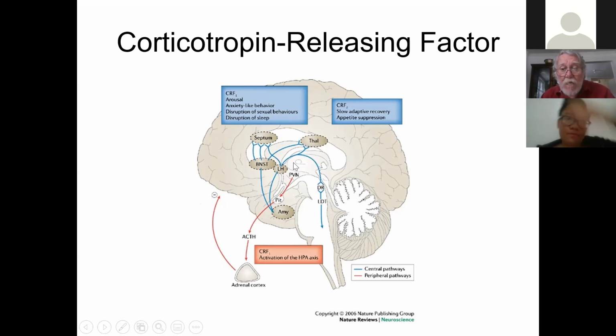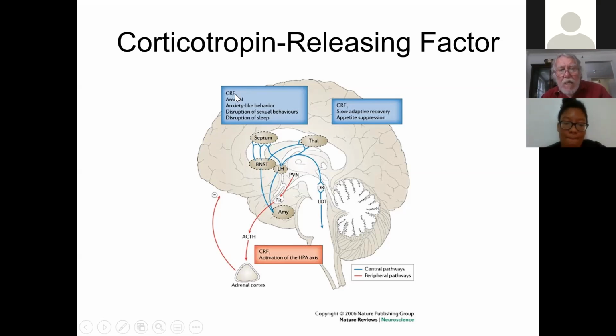But in addition, CRF is released from the more dorsal parts of the parvocellular PVN, where it will innervate the lateral hypothalamus, the amygdala, the bed nucleus of the stria terminalis, the septum, the thalamus, and then the dorsal raphe, and then down into the locus coeruleus.